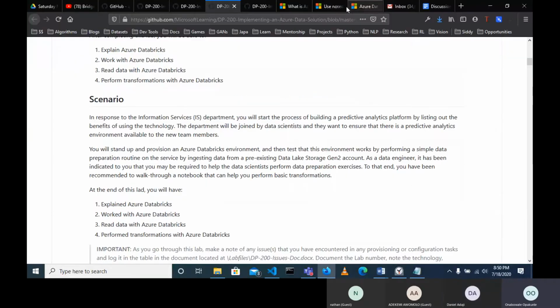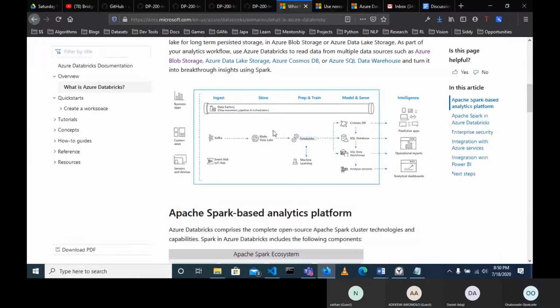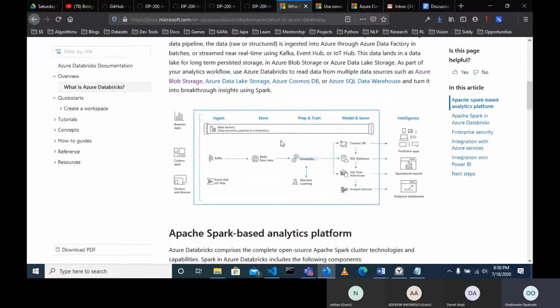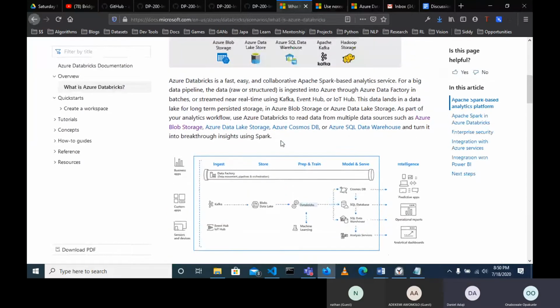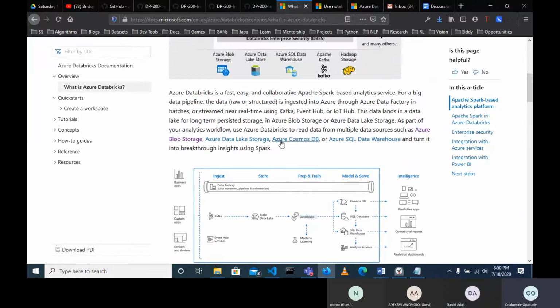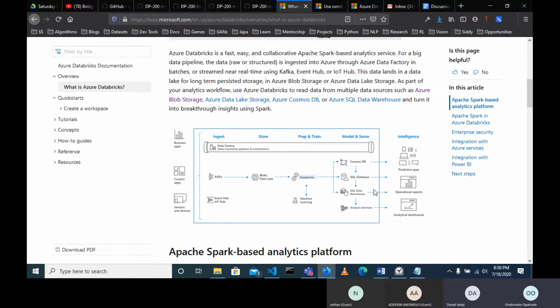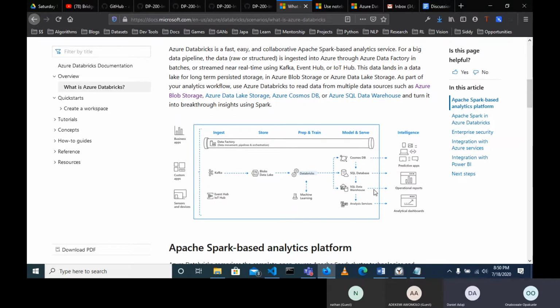So let me just do a really quick run through of what Databricks is all about, for Nathan's sake and for everybody's sake, because I think I didn't touch on all of it. I've mentioned that it's an Apache Spark-based analytics service. It is very important in a big data pipeline.